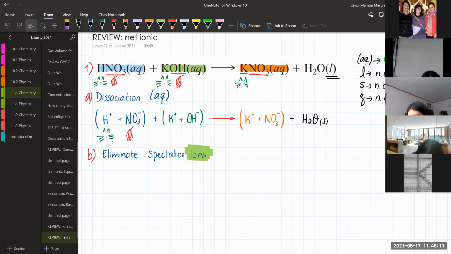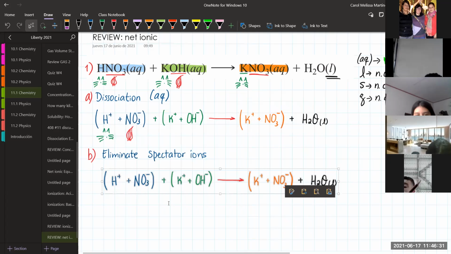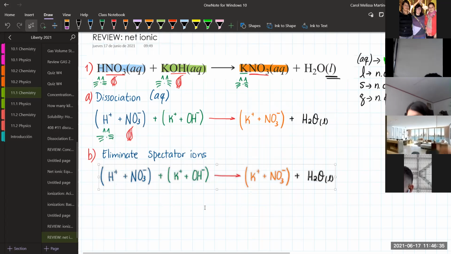That means they have a charge. So you will eliminate what you have in the right that is repeated in the left. So I'm going to copy and paste this equation again because I don't want to write it again. And I'm just going to compare whatever I have in the reactant against whatever I have in the product.